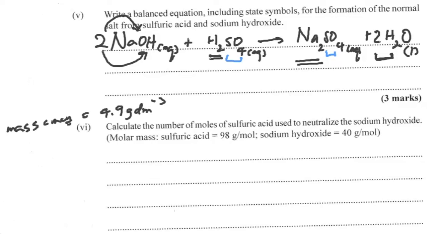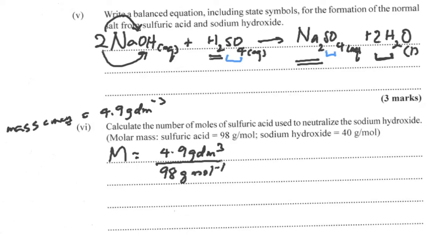So what we're going to do first is convert that to moles per dm cube. We could say the molar concentration, big M, is equal to the mass concentration that we're given, 4.9 grams per dm cube, divided by the molar mass, since we're moving from mass to moles, which is 98 grams per mole.